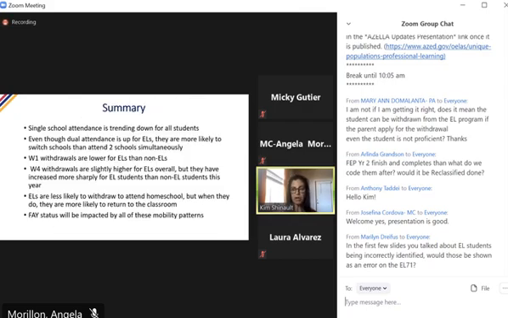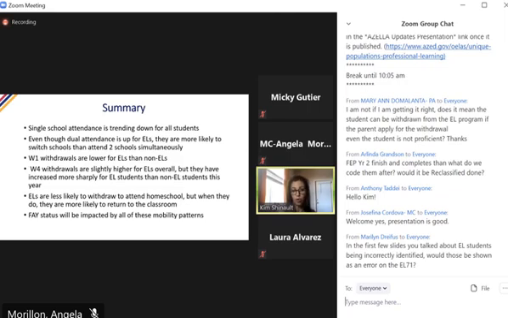So to summarize these mobility trends that I've just been showing you, single school attendance is trending down for all students over time. Even though dual attendance is up for ELs, they are more likely to switch schools than to attend two schools simultaneously. Those W1 withdrawals, which was a withdrawal to attend another school in the state, are lower for ELs than non-ELs.